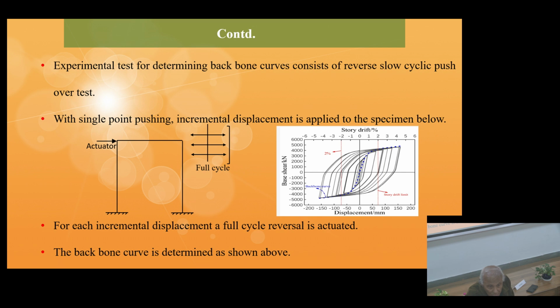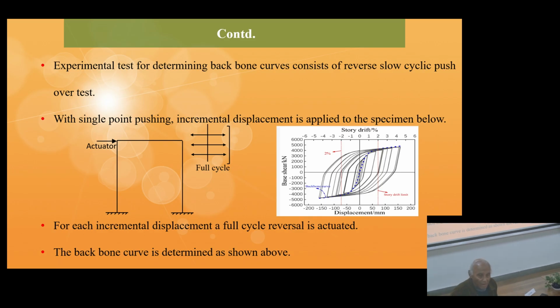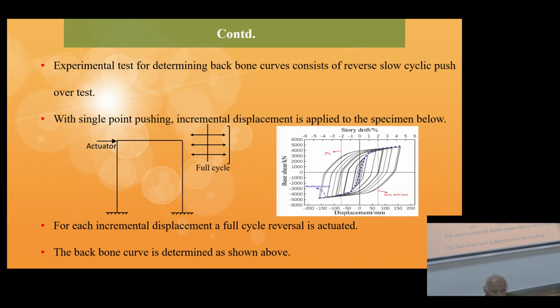That means a full cycle. So this kind of thing I go on doing. Then first 0.02, then 0.04, and so on. And in each case I give a full cycle. Okay, that's why it is cycling. It goes like this, comes back, goes like this. This is a full cycle.